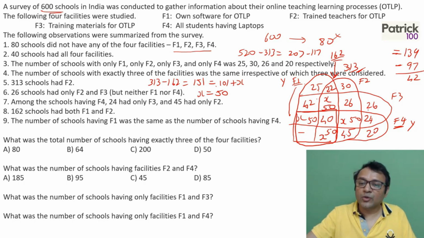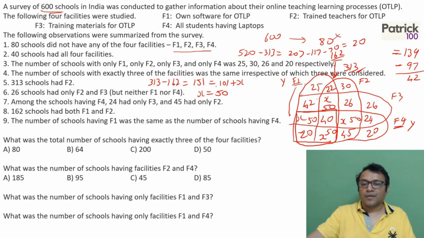And 20 plus 24 plus 26 is 70. If you subtract this 187, you will get 20 out here. So to find the last value, we took the total value, 520, subtracted the remaining values, and you got 20 as the answer.